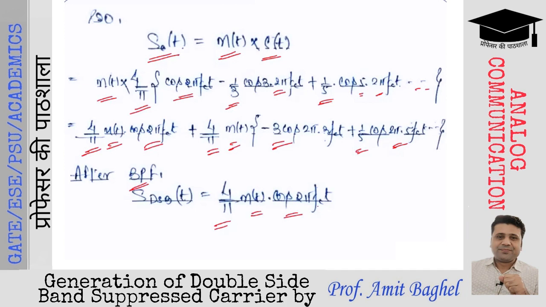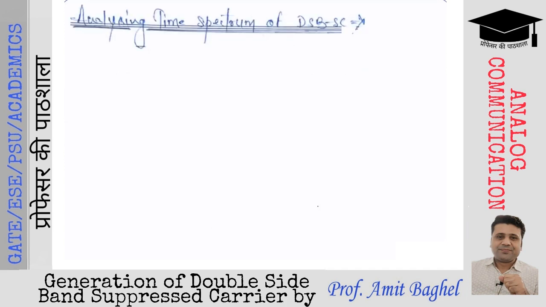the transmitter side, analyzing the time spectrum of a DSBSC signal. Let us consider we have a message signal, a single tone message signal, m of t, as a cosine or a sine signal. So it will have a very high time period and very low frequency.